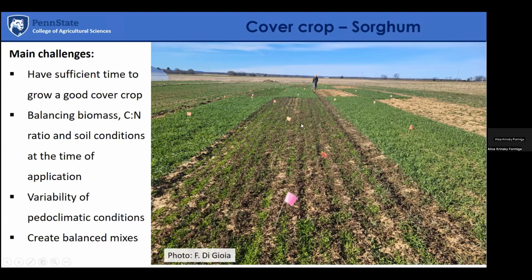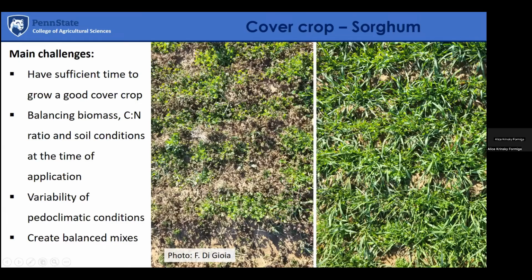The weeds are not controlled in the plot with the crimson clover, while they are very well suppressed when we use the mix or just the triticale. And here's a detail of the plots side by side in comparison.